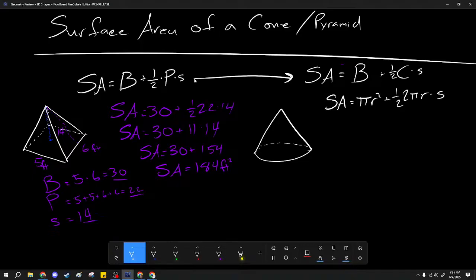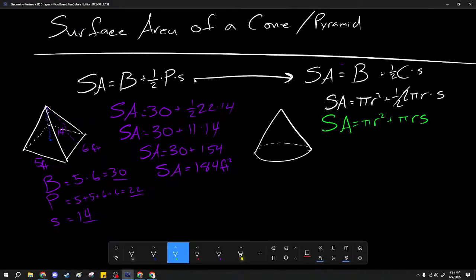Well, 2 divided by 2 is 1, so these cancel each other out. I'll do green. This is the formula now. Surface area for a cone is pi r squared plus pi r s.